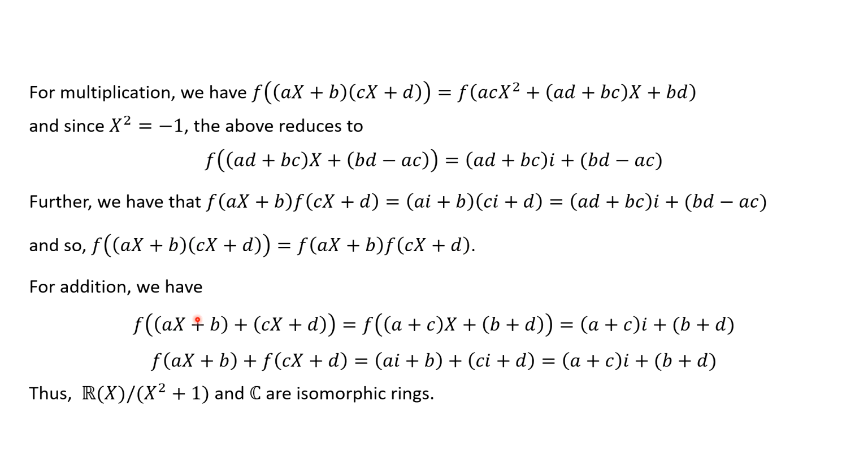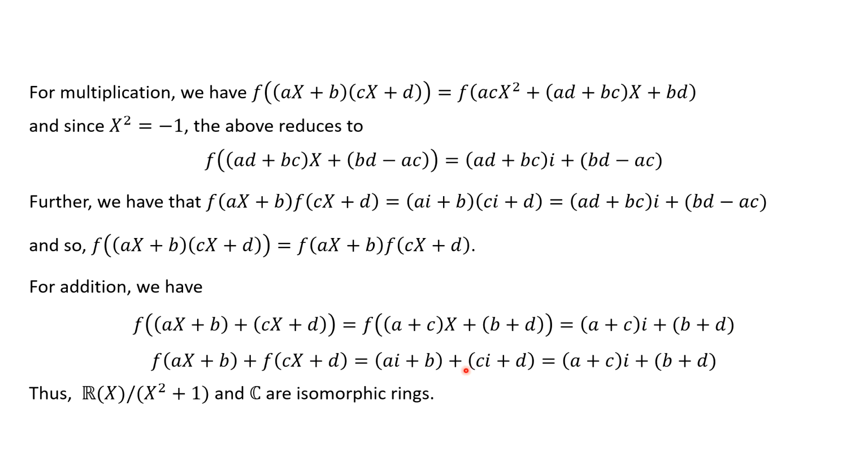Then we need to do the same thing for addition. So we want to show this, f of the sum here equals f of this plus f of this. We can just expand them out. We just collect the terms times the x, and then the constant terms, and then we use our definition of the function. We get this here.